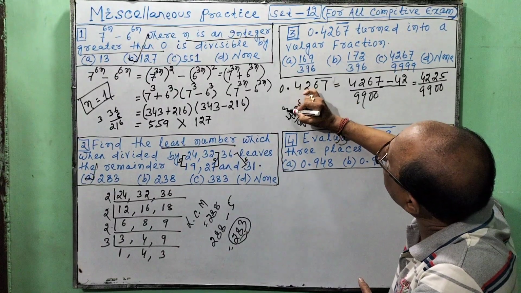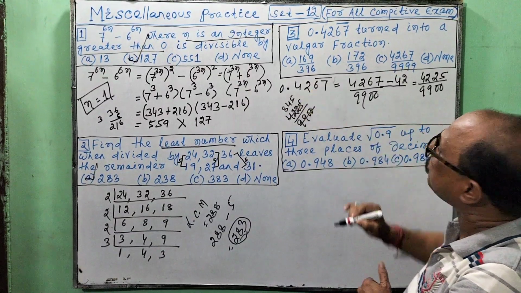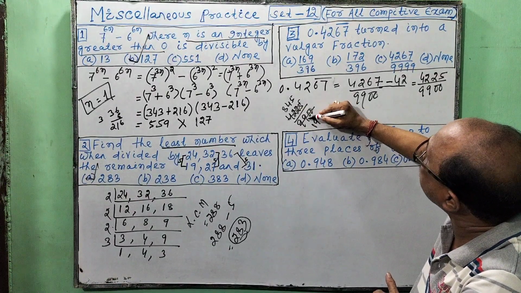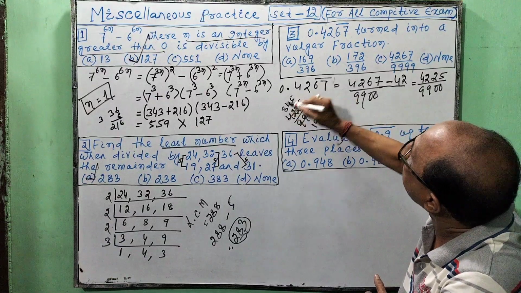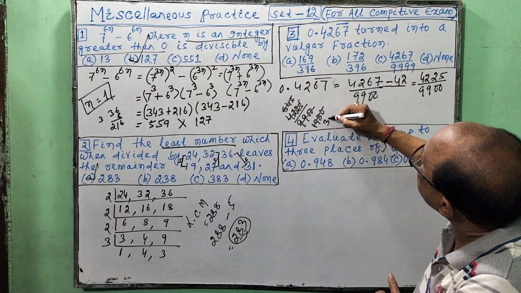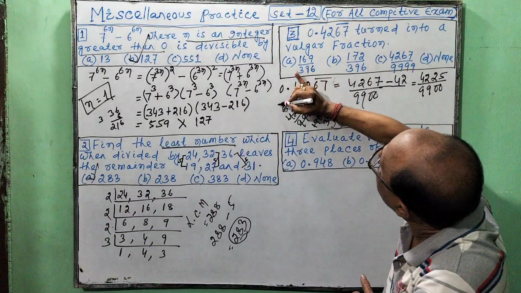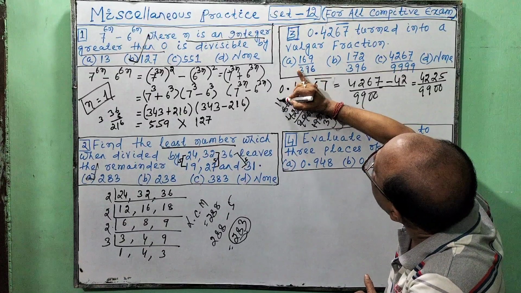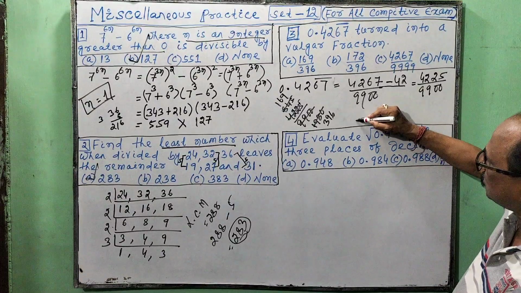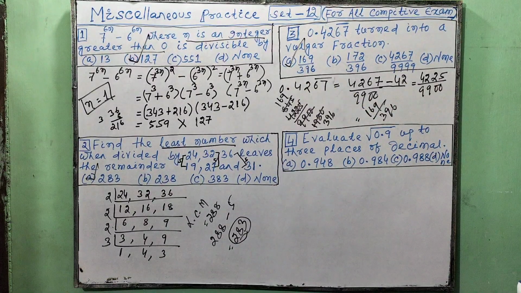Reducing by 5, then again by 5, and so on, the fraction is 169 by 396. Here is the answer.